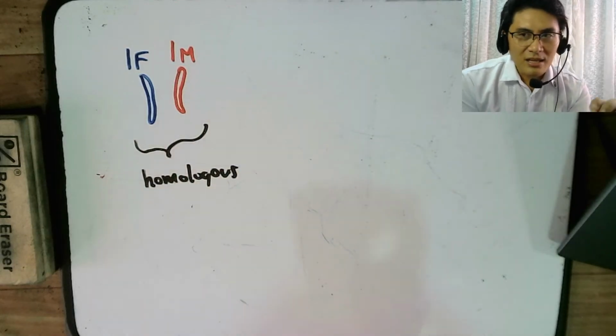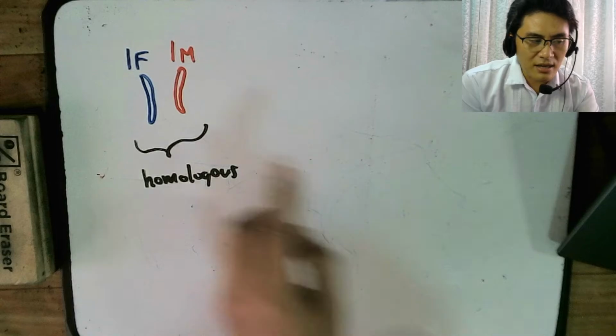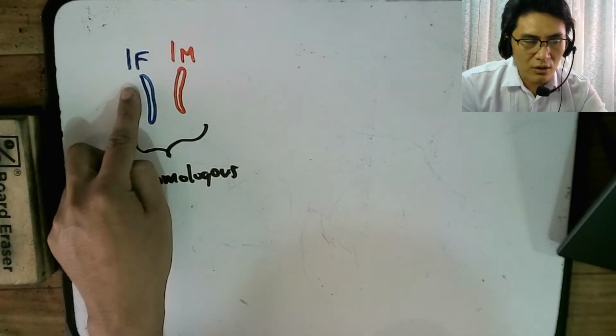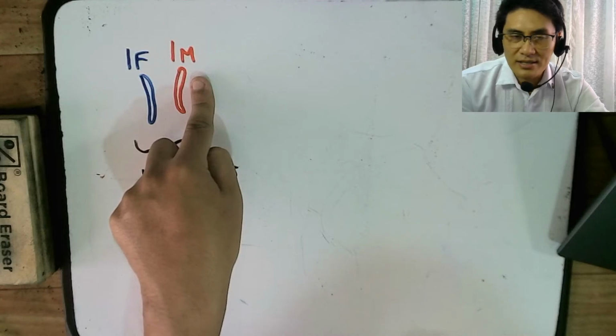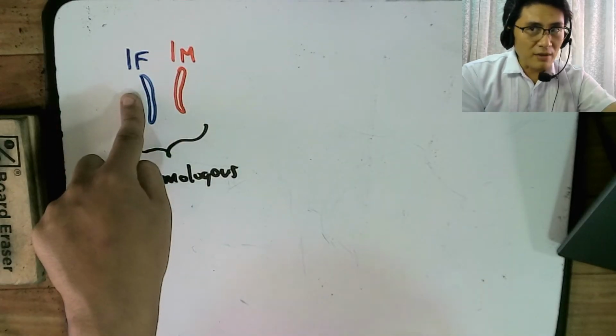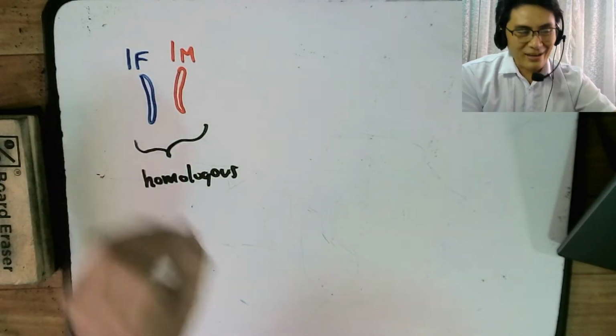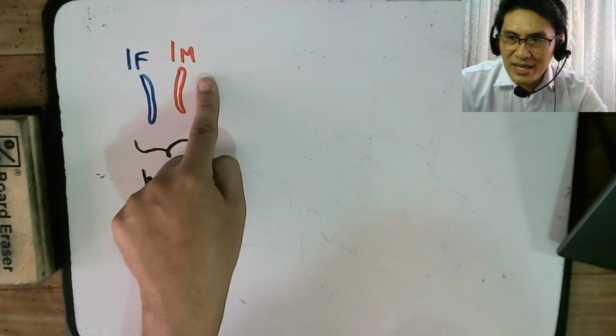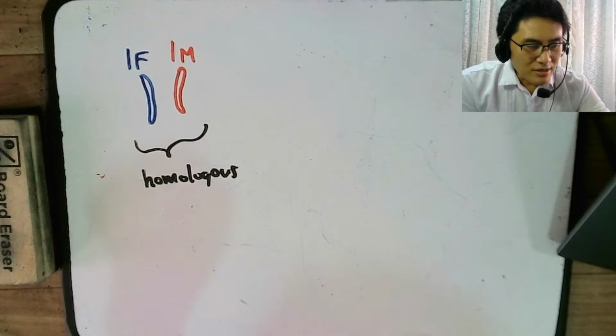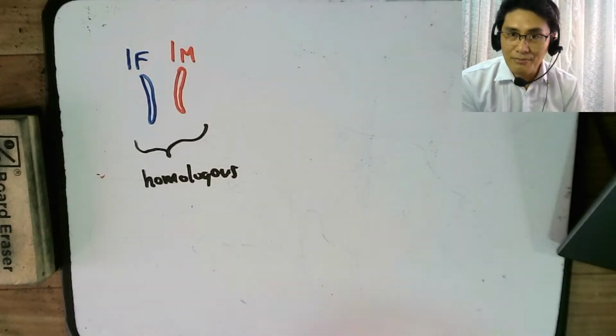They are the same in the sense that they code for the proteins for the color of the eyes. But this one is different because your father is American, so it tells the cell to make blue pigments. For your mother, who is Filipina, it tells your cell to create black pigments, right?